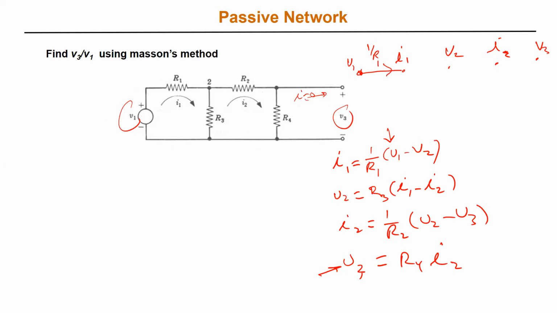In this node, I don't have anything coming in, but things are going out. So 1 over R1 and minus 1 over R1. Do you agree? I'm converting this equation and putting it in this node.